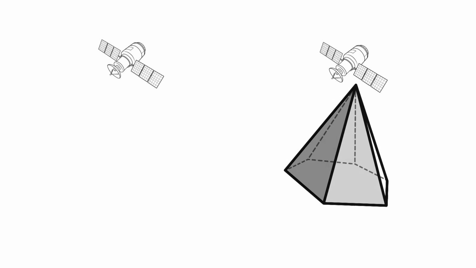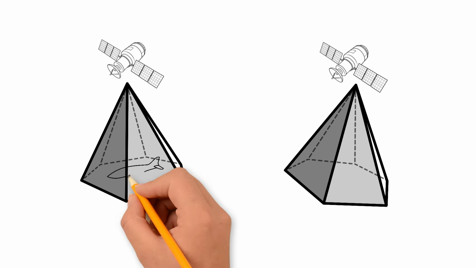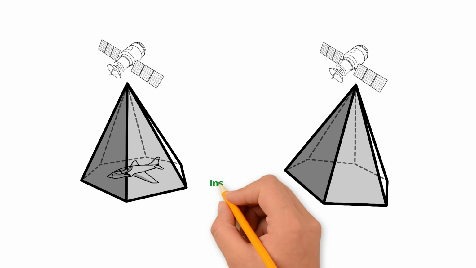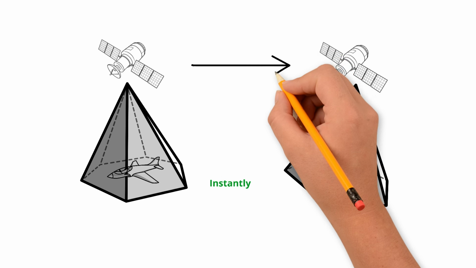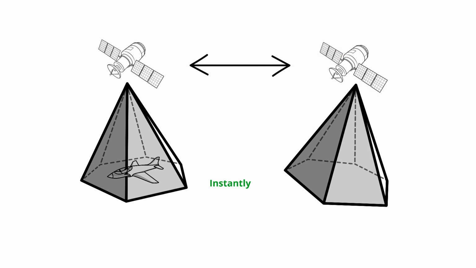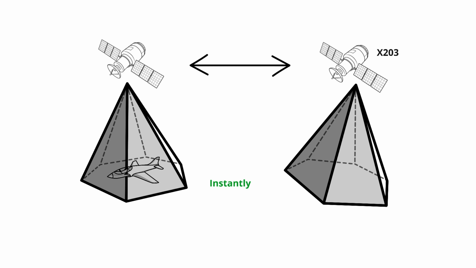That means as you travel, by car, ship, or plane, your connection automatically switches from one satellite to another, smoothly and instantly, because they communicate at extreme speeds. For example, at one moment your device communicates with satellite X203, and the next second it's communicating with satellite number X204, and you don't even notice.